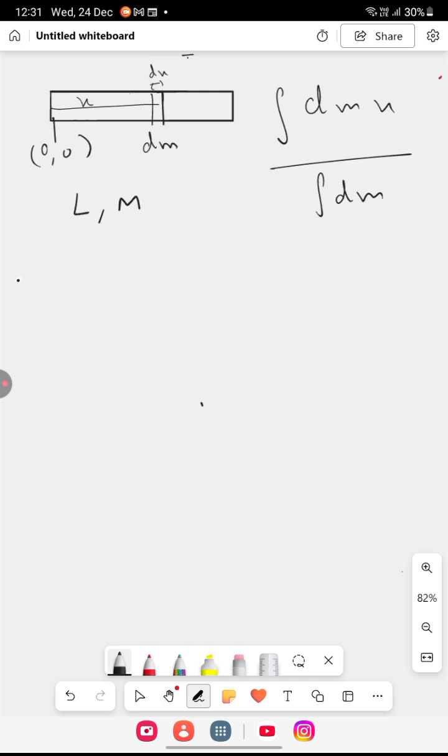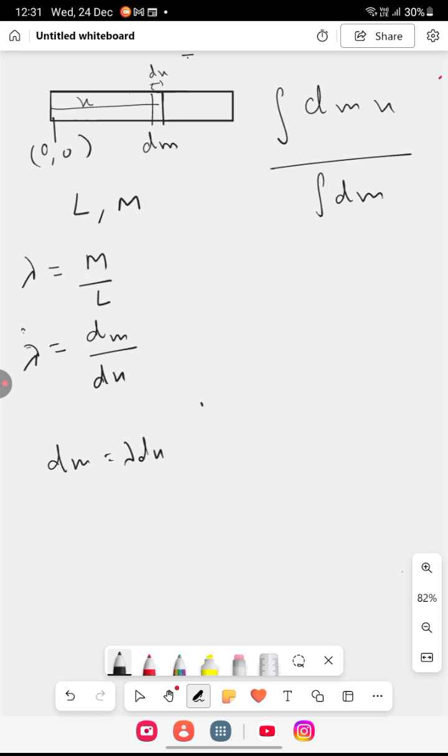Now we know linear mass density lambda is mass upon length. So for this small mass dm we can write lambda is equal to dm upon dx, so dm equal to lambda dx.